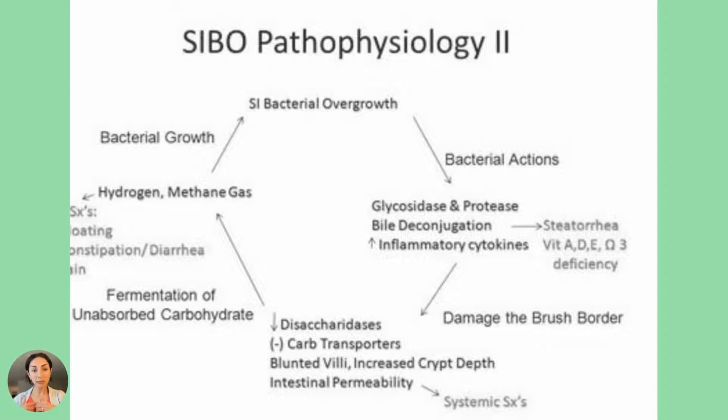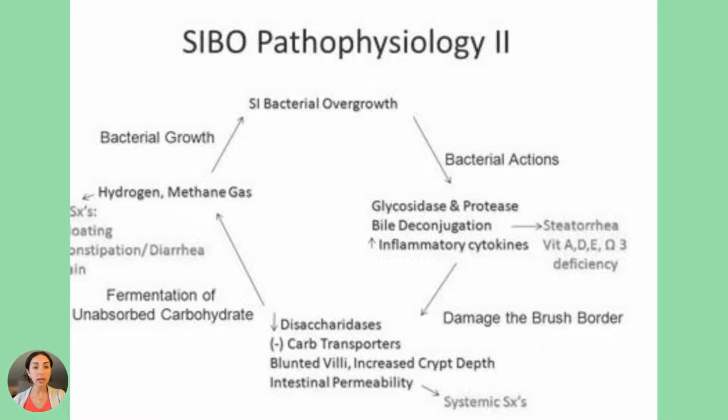They used to think that there was no damage to the intestines. And now they're finding out with SIBO, it's not just the microbes, it's actually damage to the cells, which is the brush border at that gut lining. We also then have malabsorption of carbohydrates, those disaccharides, due to the blunted villi in the intestines, and then an increase in intestinal permeability that can lead to those widespread symptoms in the body, like the joint pain, the fatigue, all those non-GI symptoms.